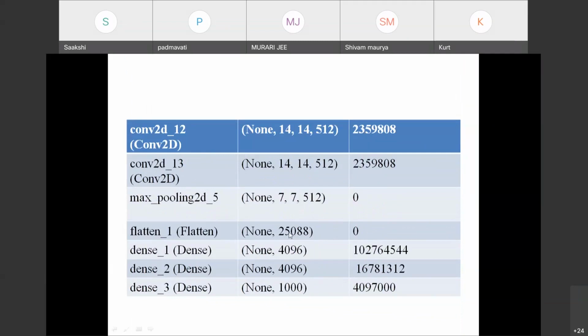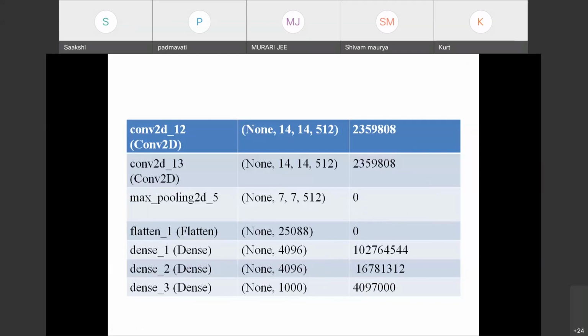The number of parameters is the same as the max pool layer, where we are not performing any specific task, so it becomes 0. This is followed by 3 densely connected, fully connected layers with 4096, 4096 and 1000 neurons.